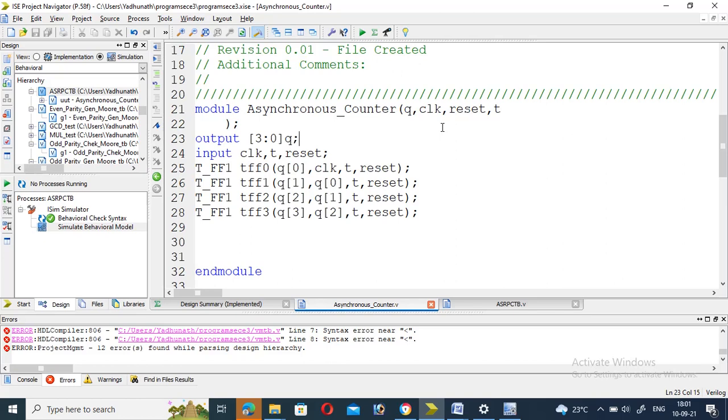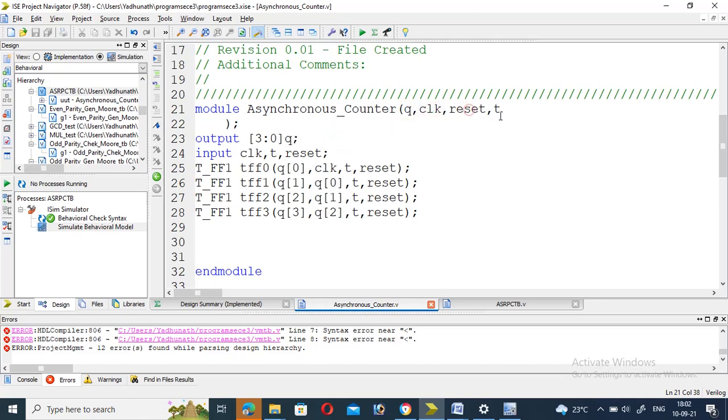Obviously the system cannot decide which variables are to be treated as input and output variables. So for that purpose, within the port list, you declare what kind of variables you are going to use for input and output purposes. Let us see here: output 3 down to 0. Q is the output of the flip flop, so Q can be treated as an output.